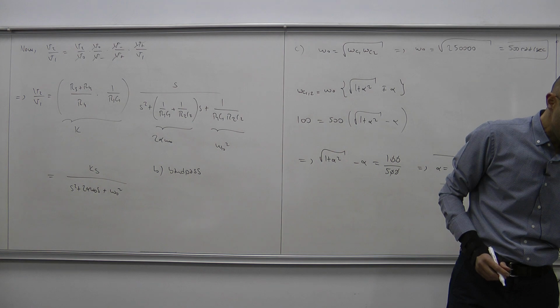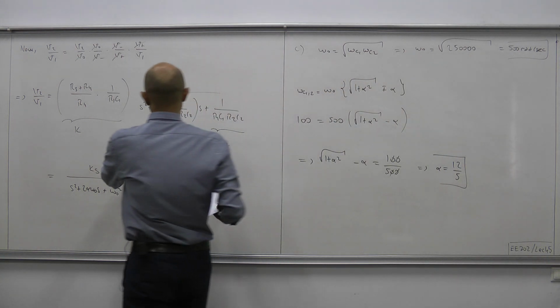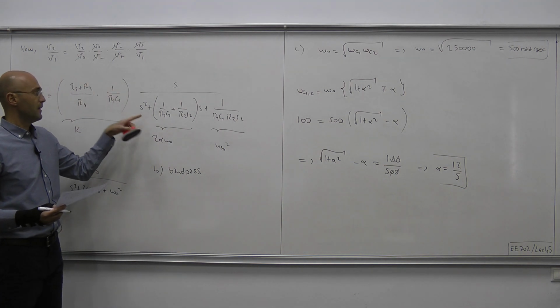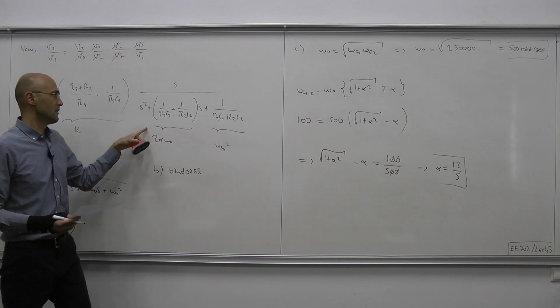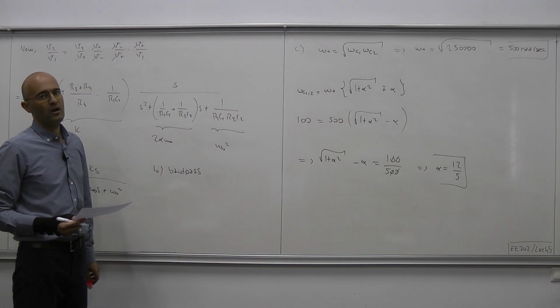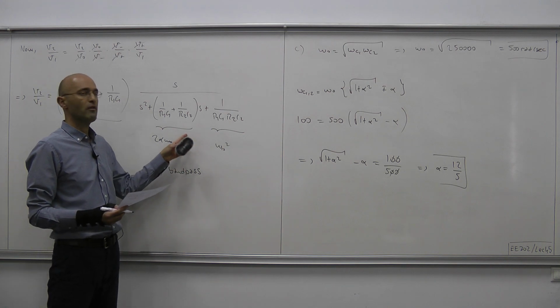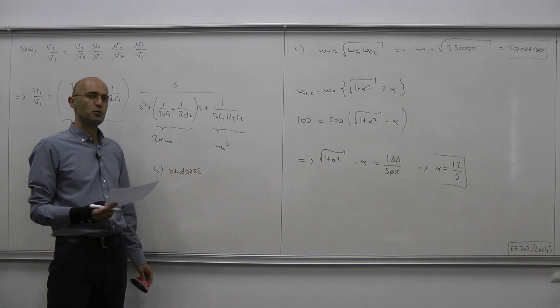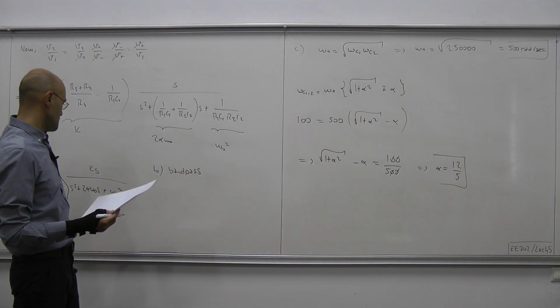Now, remember that it's already here, actually. The denominator polynomial equals s plus 1 over R1 C1 times s plus 1 over R2 C2. In other words, the poles of our transfer function are at minus 1 over R1 C1 and minus 1 over R2 C2.